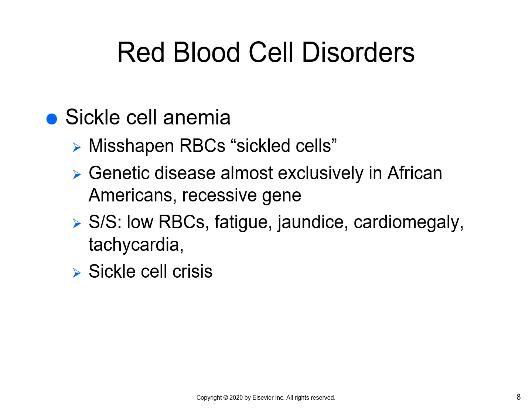This disorder is a recessive genetic disease, almost exclusively in African Americans. Recessive gene meaning both the mother and the father need to be carriers for this disorder to manifest.